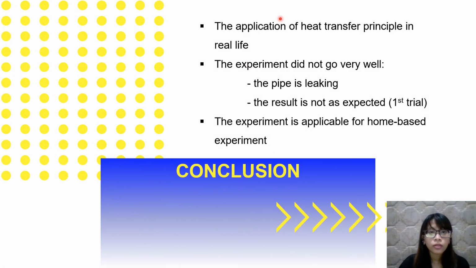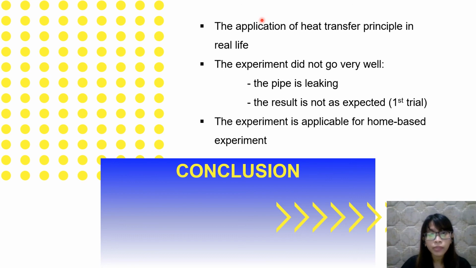So from here, I can learn that the application of heat transfer principles in real life is applicable. And then the experiment did not go very well because the pipe was leaking, and the result was not as expected at the first trial, where the non-insulated pipe has higher heat loss than the insulated one.